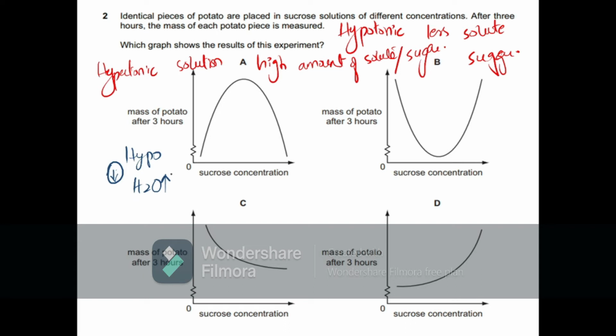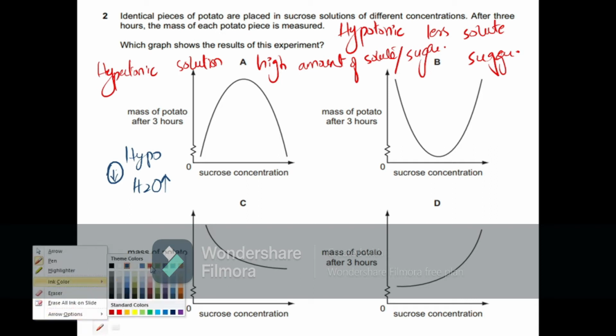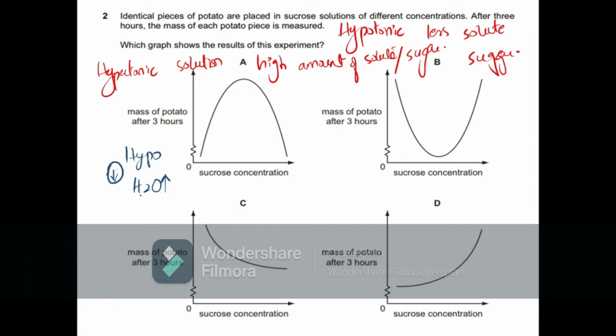What will happen? You will observe the water movement inside the cell. Water from outside goes inside. This will cause increase in mass and volume of the cell. Cell becomes turgid.